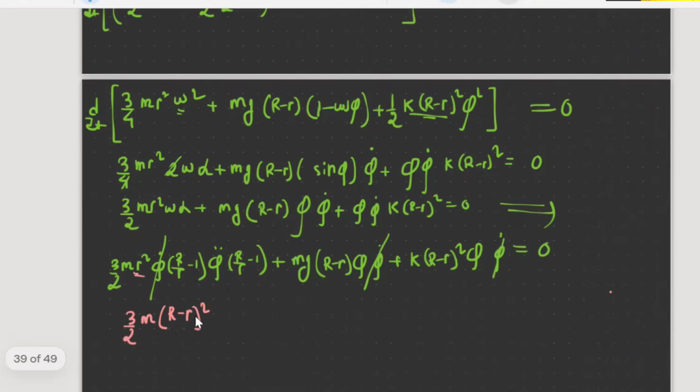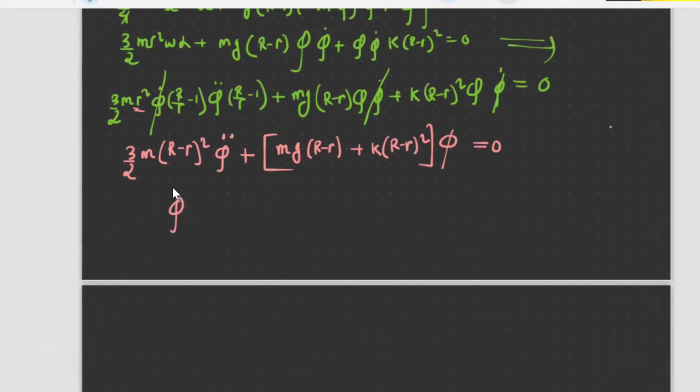We'll get ultimately r minus r square into phi double dot plus we are getting mg r minus r plus k of r minus r square. Entire thing is multiplied with phi, that is 0.